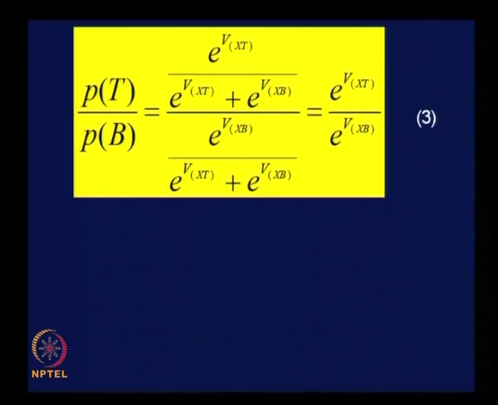We can write that as simply e power Vxt divided by e power Vxt plus e power Vxb whole divided by e power Vxb divided by e power Vxt plus e power Vxb. Denominator is same for the terms on top and bottom. So, we get simply P of t by P of b to be equal to e power Vxt divided by e power Vxb, is not it?